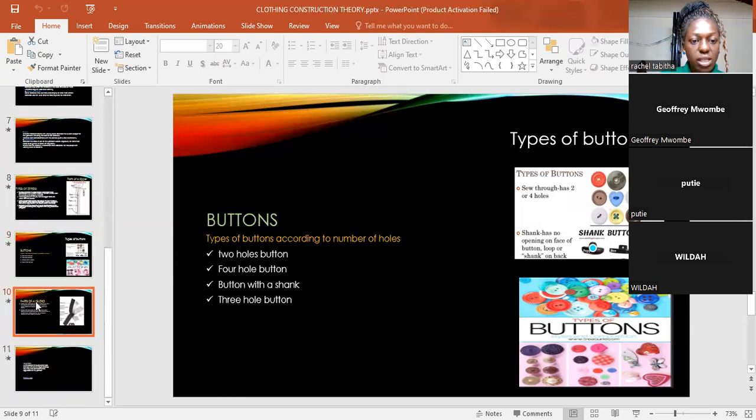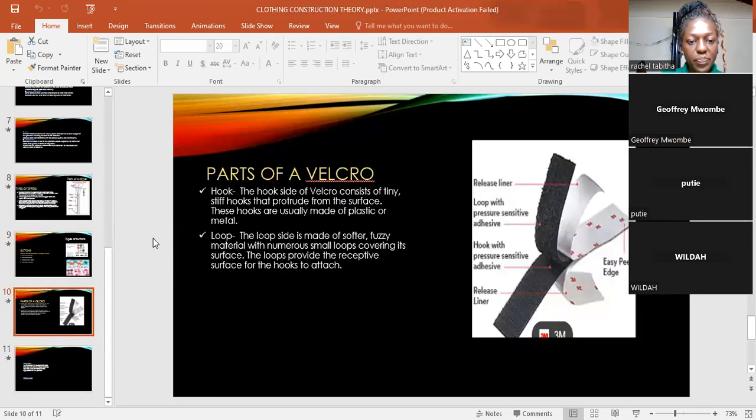Then I'll talk about the parts of a Velcro. A Velcro has two sides. There is the one that is usually rough and the one that is usually smooth. The rough part is the hook, and the other one is the loop. The hook is the side of a Velcro consisting of thin, stiff hooks that protrude from the surface.